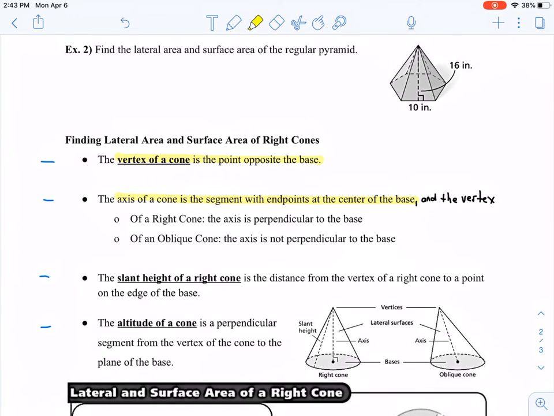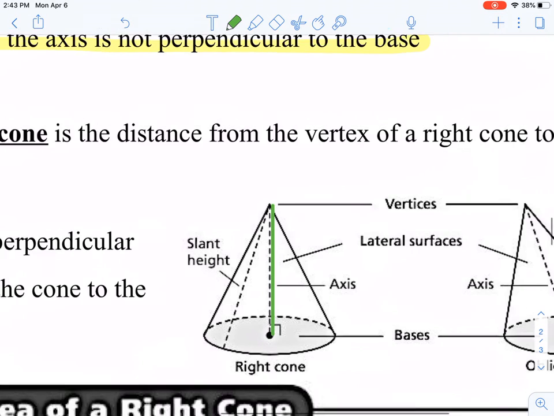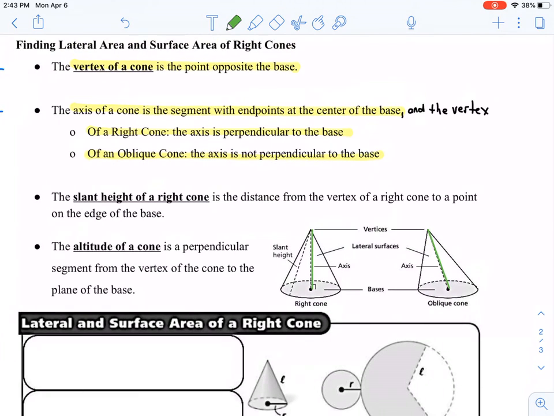And then you have a difference between a right cone and an oblique cone. In a right cone, the axis is going to be perpendicular to the base. In an oblique cone, it's not going to be perpendicular. And you can see that difference down here. We have a right cone. Here the axis is perpendicular. And in an oblique cone, it is clearly not perpendicular.